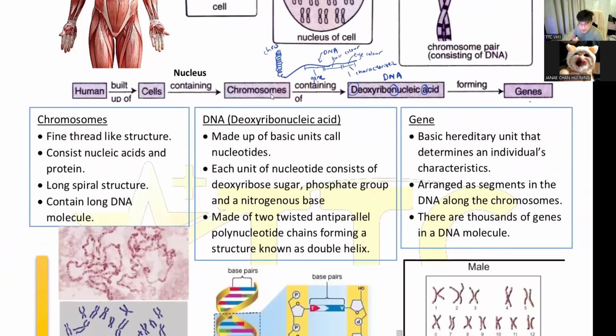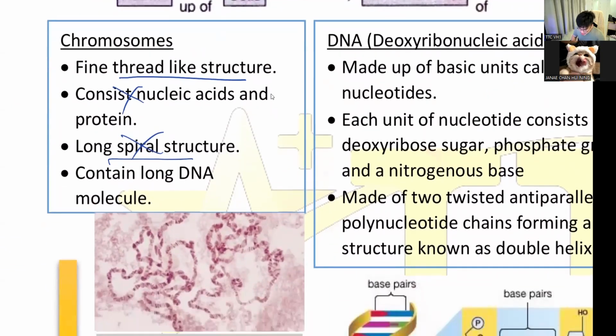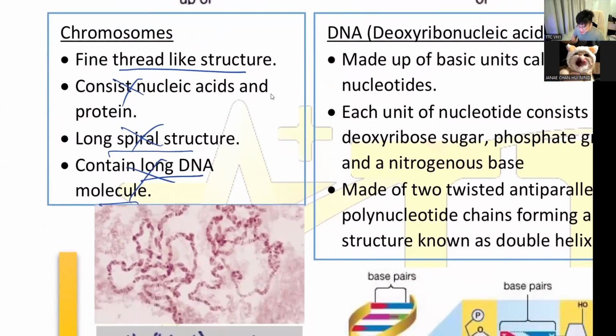So thankfully, you don't need to memorize anything for here. These are all for biology. Like, what is a chromosome? A chromosome is a thread-like structure, consists of nucleic acid. You don't need to know. Long spiral structure, no need to know. Long DNA molecule, no need to know.